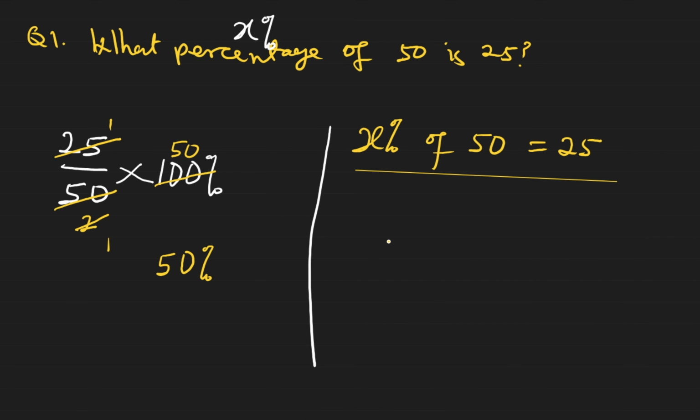Now we know from a previous lesson that x percent means x over 100, and also of means multiplication. So x percent of 50 is x over 100 times 50 and is 25.